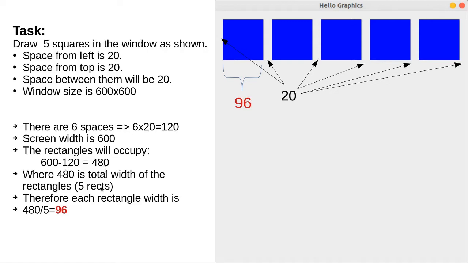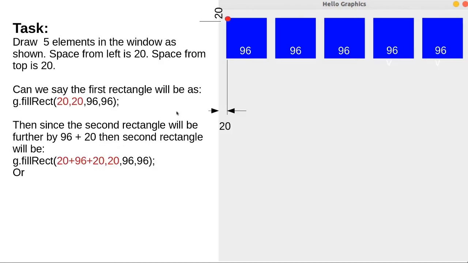Then if there are 5 rectangles, when you divide by 5 you will find the width of the rectangle. It means for this project, to draw these rectangles equally spaced, with space 20 and screen size given, we have no option but to find 96 as the width of the rectangle. So this can be a very simple task which we are supposed to implement in Java.